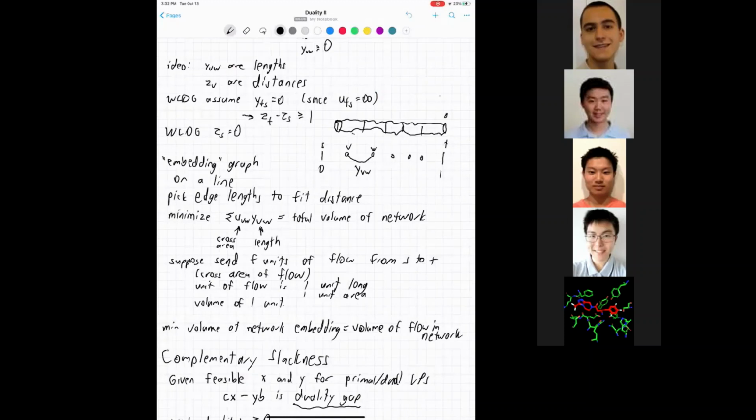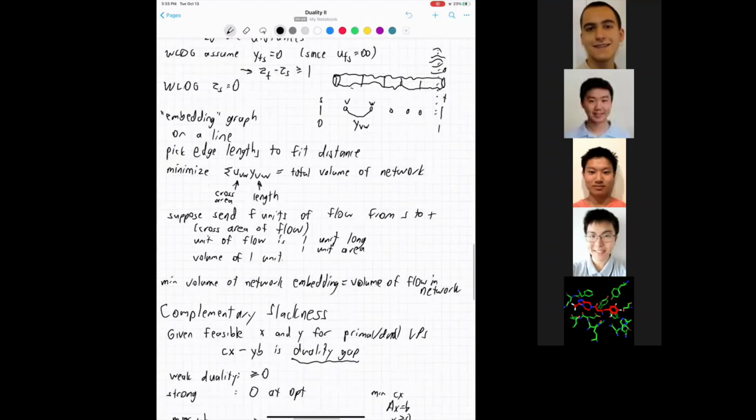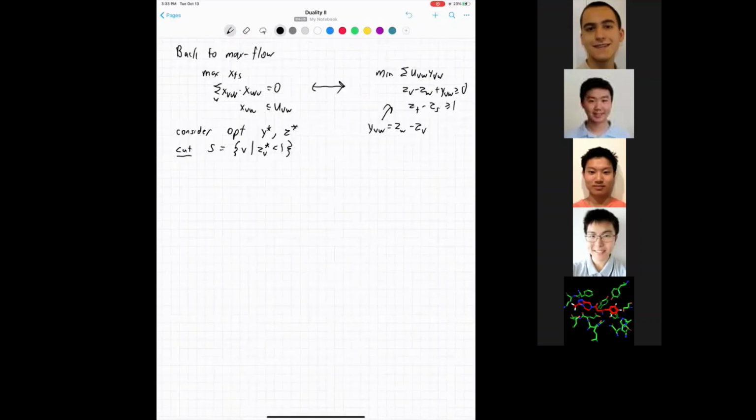What I'm proposing to do is draw a line just before Z_V equals 1 and consider the cut of all of the edges that cross that line. Does everybody agree that that's a cut, an S-T cut? Any questions about that? Okay, so I've defined this cut consisting of all the vertices that are closer than distance 1. Now let's use complementary slackness to understand this cut.